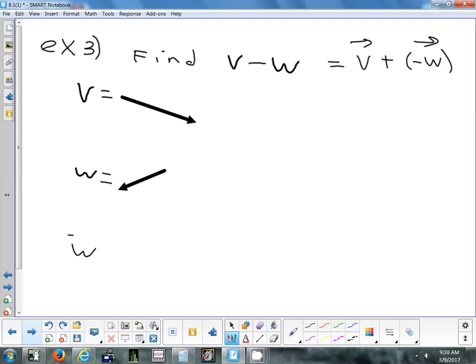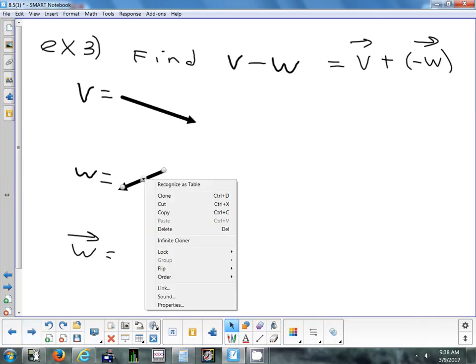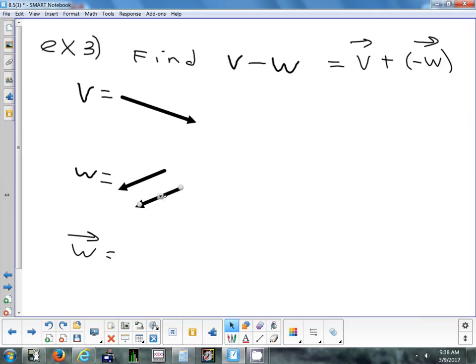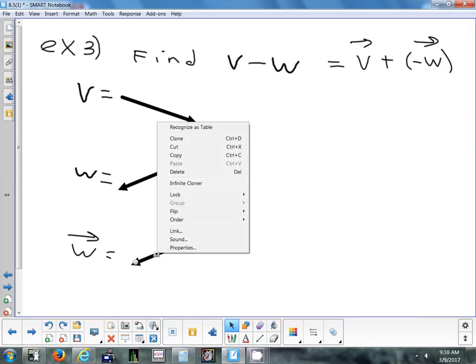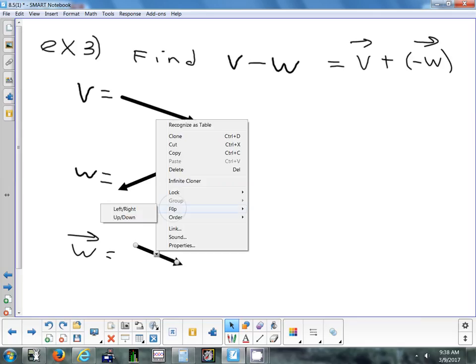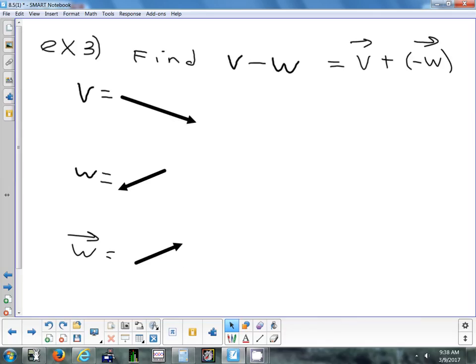And on the smartboard, I can do that easily by doing a flip twice. I need a copy of it. And then if I flip left, right, and I flip up, down, it exactly reverses it. Okay, on paper, if you had grid lines, you could just measure it and do it that way.